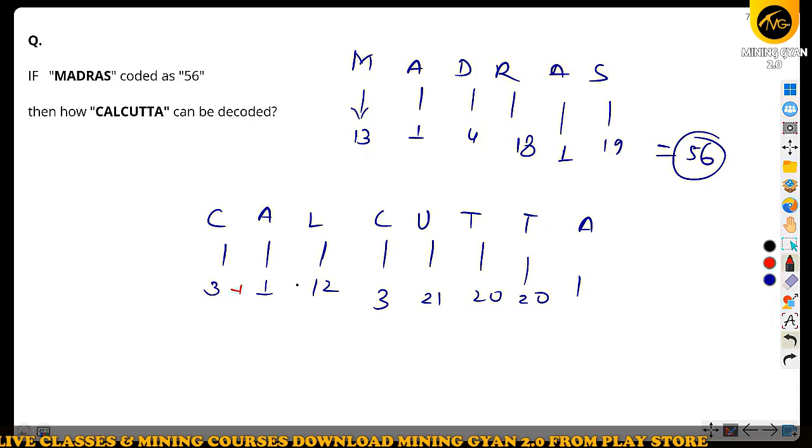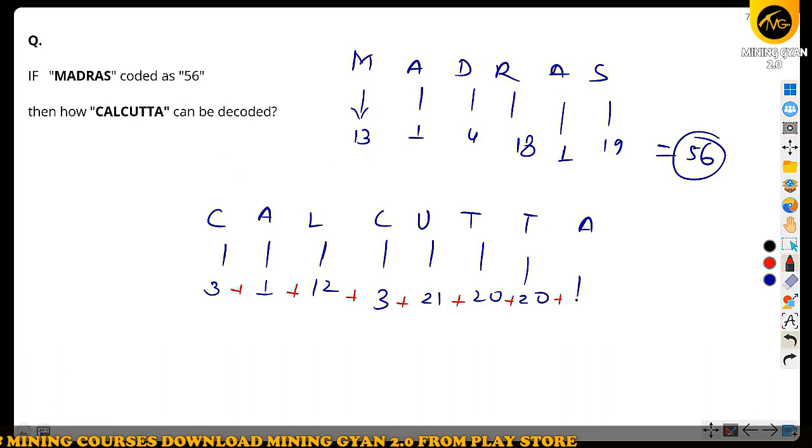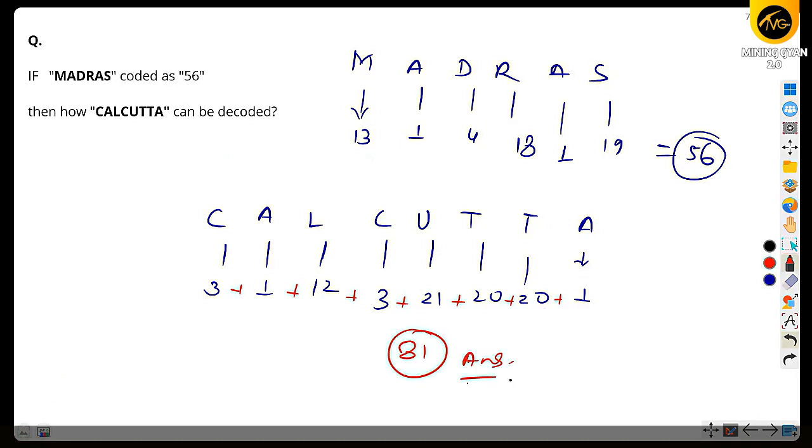Just add these numbers. So 11, 26, 38, 49, 50, 70, 71. So the correct answer is KOLKATA decoded as 81.